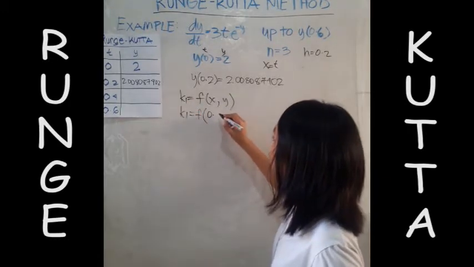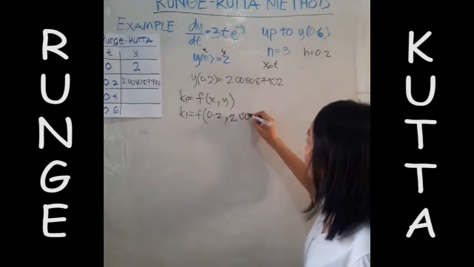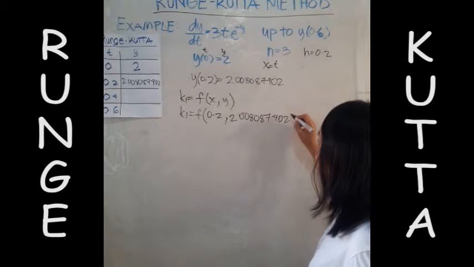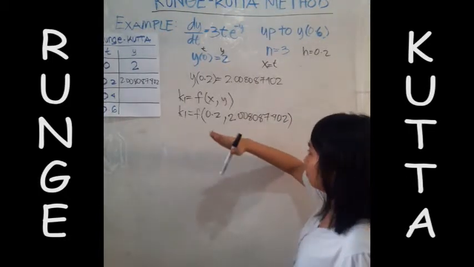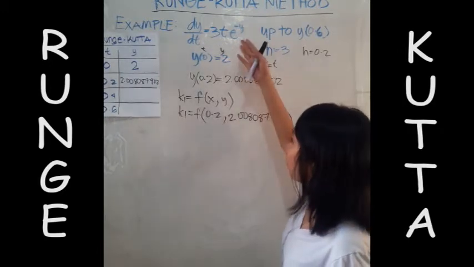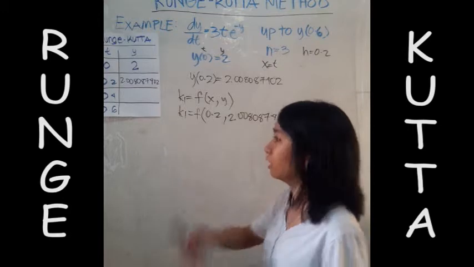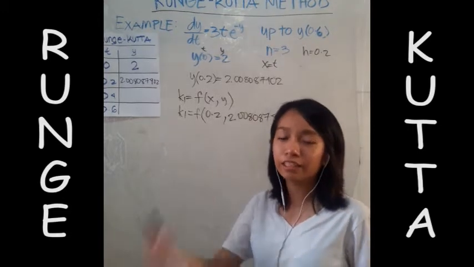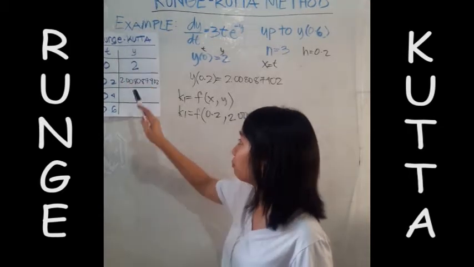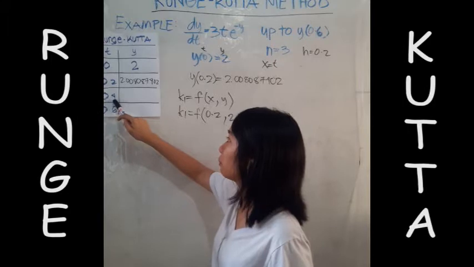So this will be 0.2 and our y will be 2.008087402. So these coordinates, we will substitute to our y prime and repeat the process that I did earlier, until you get the value of y when t is equal to 0.4.